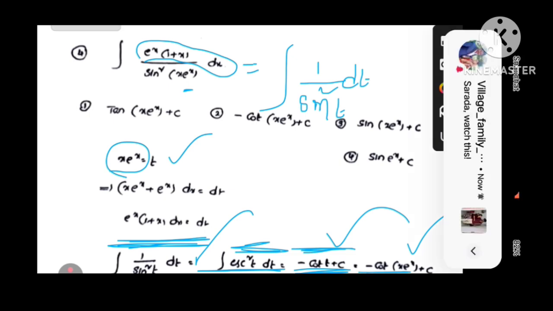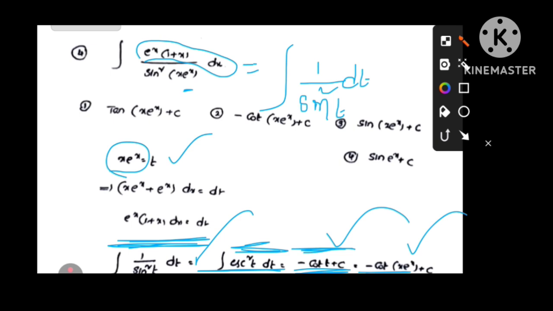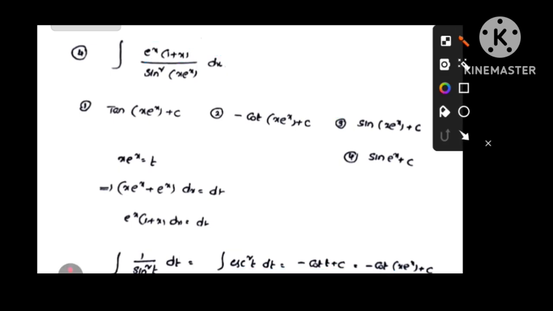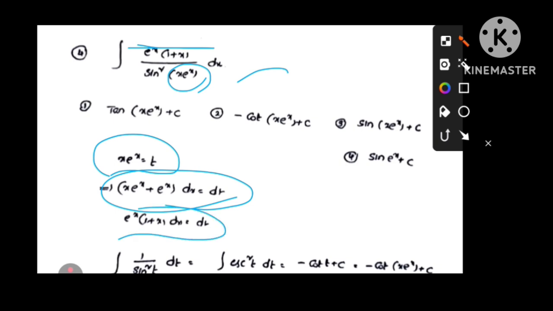Understand, all of you? Very easy question. This is an integration by parts related problem. When you observe the question directly, you can say the derivative of x e^x is equal to e^x(1 + x). So take x e^x equal to t. After doing the derivative, what do you get? e^x(1 + x) dx is equal to dt.